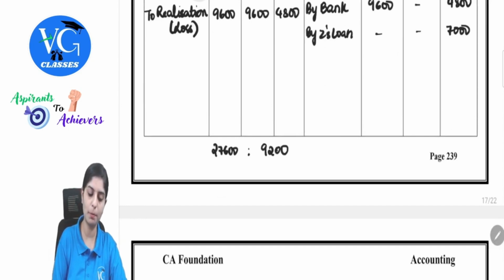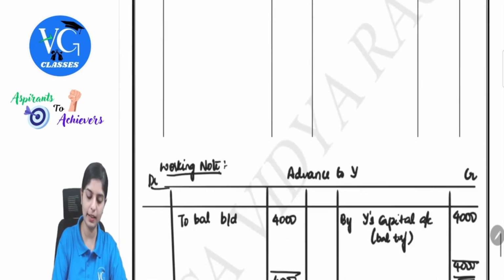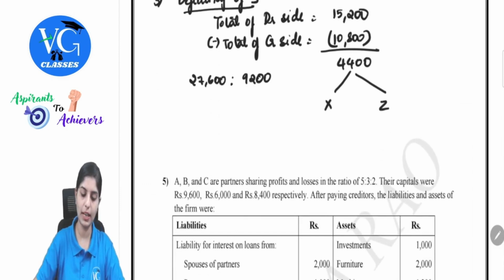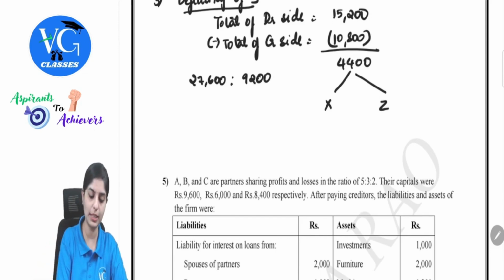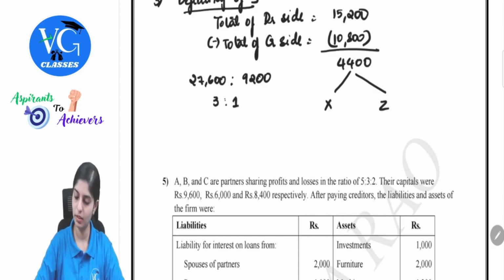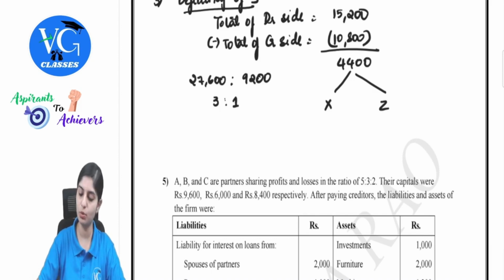So this will be the proportion of 27,600 and 9,200. If we cancel out, is 276 divisible by 92? Yes. So the ratio will be 3:1. 4,400 into 3 by 4.